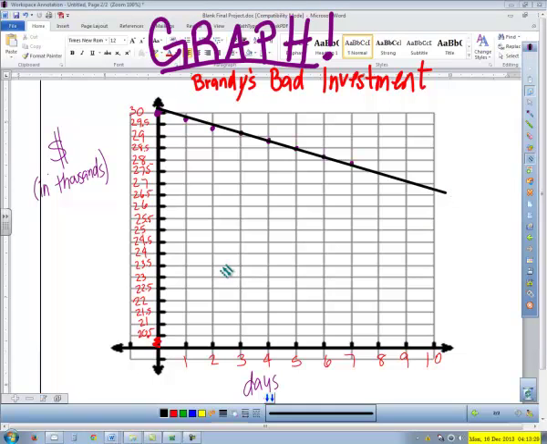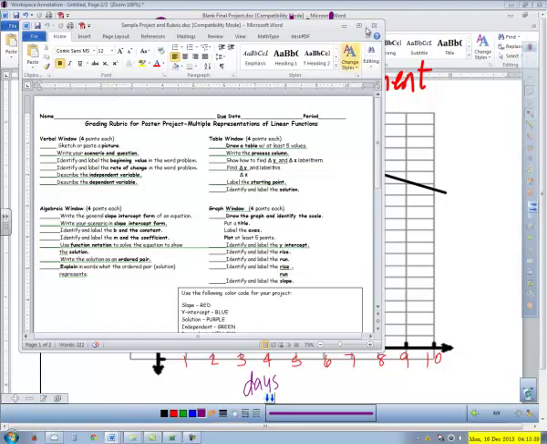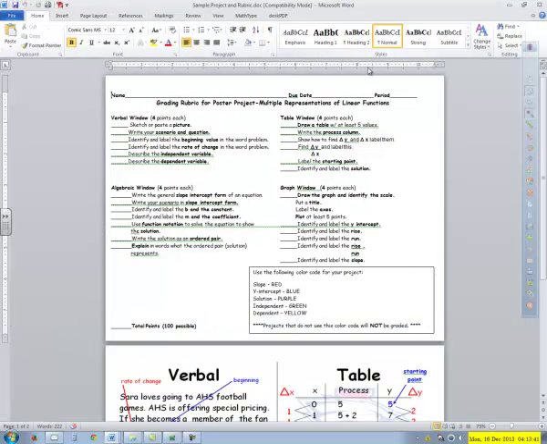So now you kind of figure out exactly what each part of the project is. The rubric will be online. I will go ahead and pull that up for you right here. So here is a rubric.